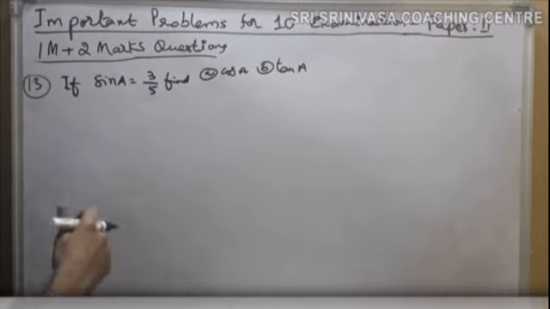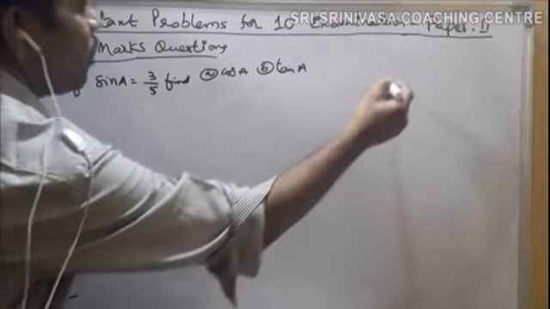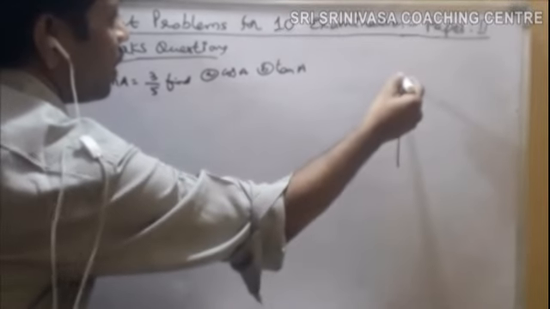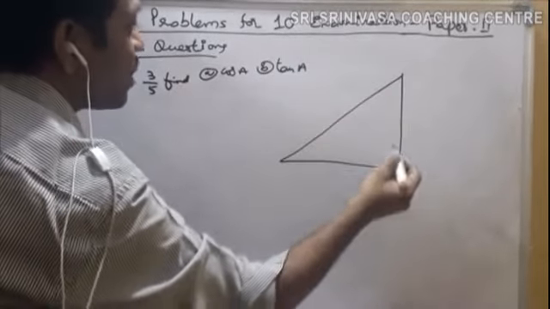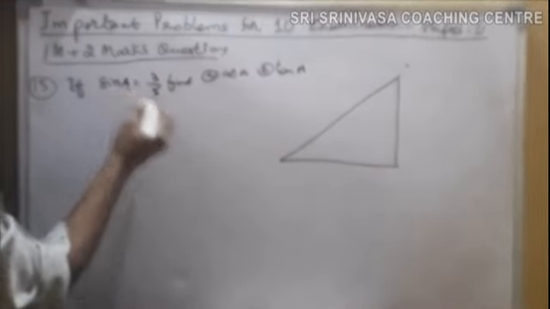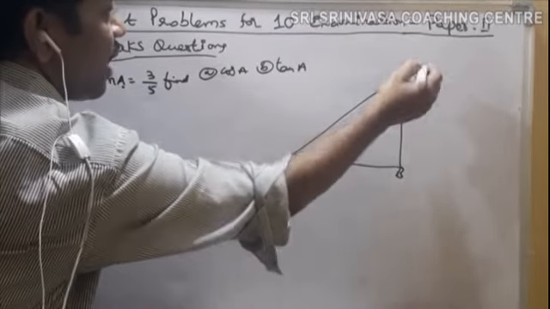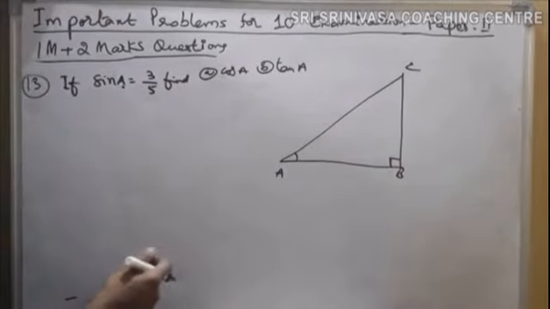Now in this question it is given that sin A equal to 3 by 5 and we are asked to find cos A and tan A. Now one trigonometric ratio is given for us, that is sin A. So since this angle is A, let me take this angle as A, this B and this is C. Now here it is 90 degrees.